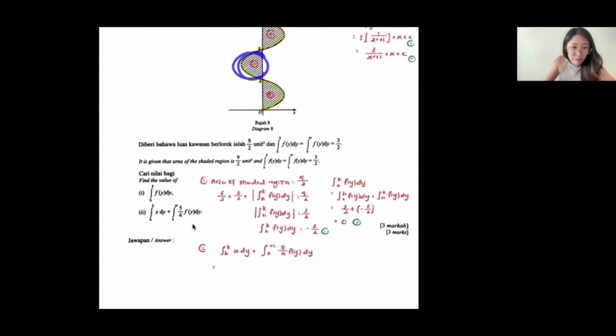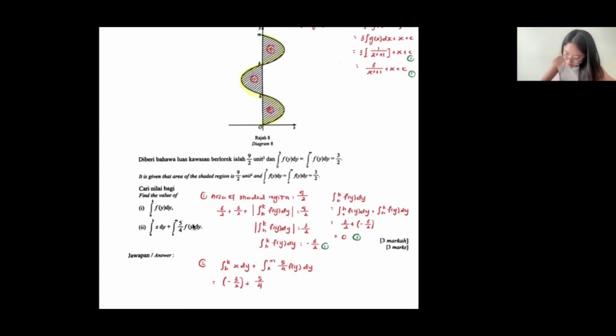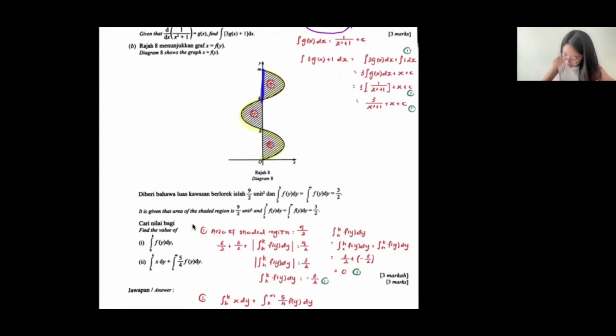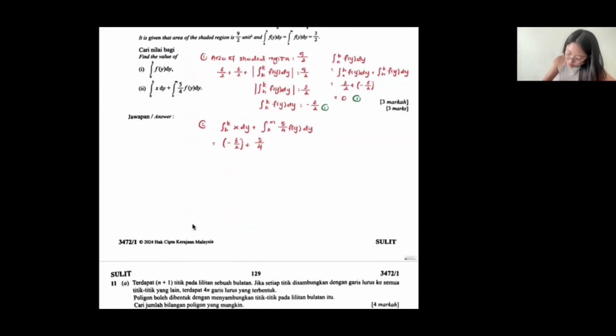This is a negative region and there is no modulus over here, so you write negative 3 over 2. Then plus 5 over 4, k to m is this part here, f(y) dy is positive, so 5 over 4 times 3 over 2. Negative 3 over 2 plus 5 over 4 times 3 over 2, your answer will be 3 over 8.